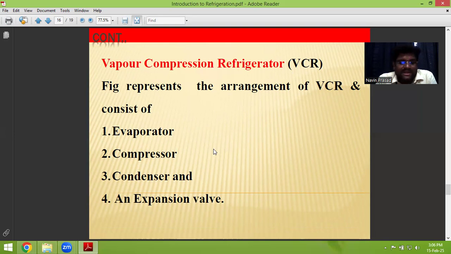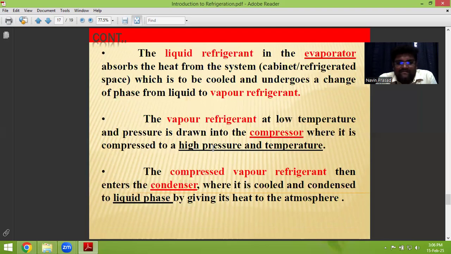Again, it comprises an evaporator, compressor, condenser, and an expansion valve. The liquid refrigerant in the evaporator absorbs heat from the system, that is the cabinet or refrigerated space which is to be cooled, and undergoes a change of phase from liquid to vapor.